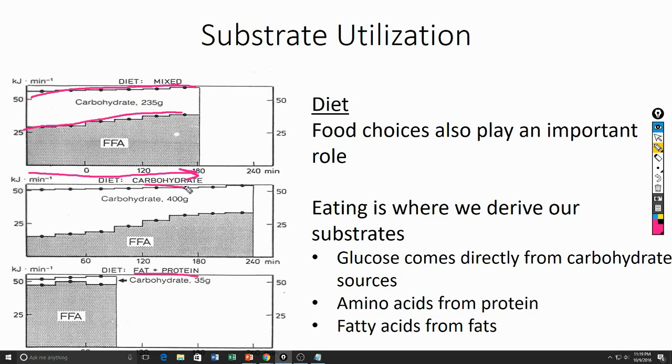When someone was fed a strictly carbohydrate diet, they burned more carbs, less fat, and they were able to work for 4 hours. In the group where people didn't eat carbohydrates at all, they burned almost all fat, but they were only able to work for 90 minutes maximal. And these are in trained people again.